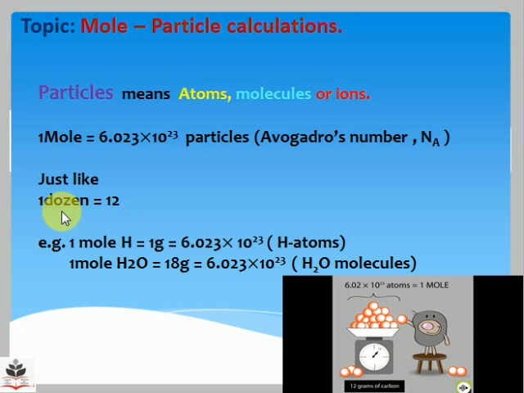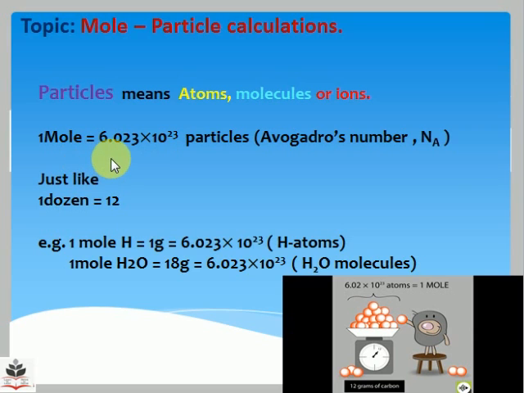No, if you are buying 1 dozen elephants, there will be 12, because this conversion factor doesn't depend on the mass. Similarly, 1 mole means this many particles, it doesn't depend on the mass of the substance. If you are taking 1 mole of any substance, there will be 6.023 × 10^23 particles in that 1 mole of substance.